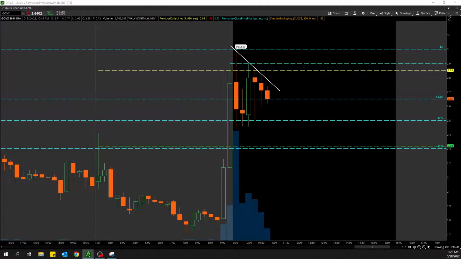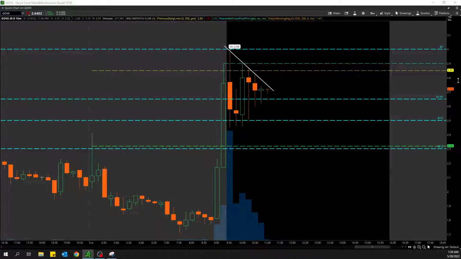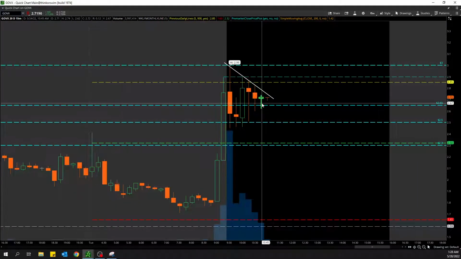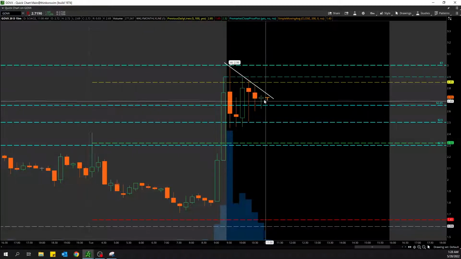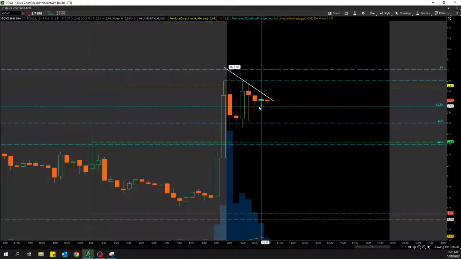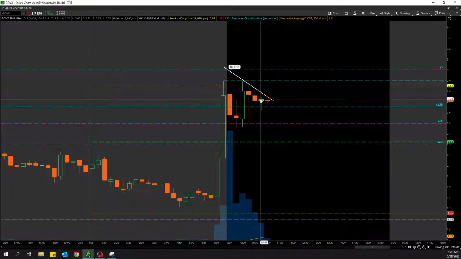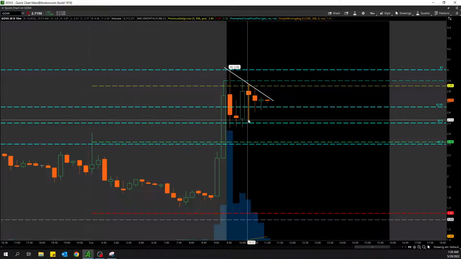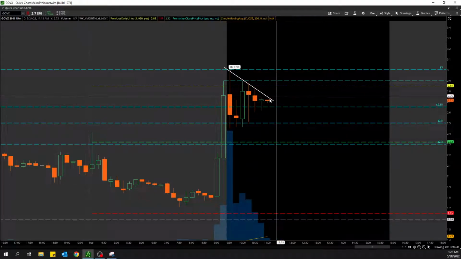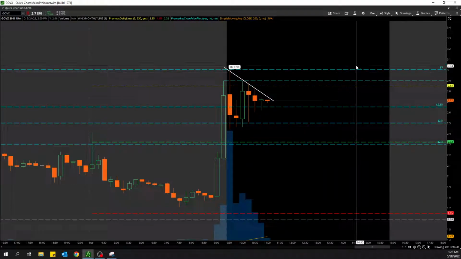Now that we're coming into the 11 o'clock hour, let's look at this a little differently. At the 11 o'clock hour, we have a shift here. We got a green candle, still making higher lows. This thing may be ready to squeeze.